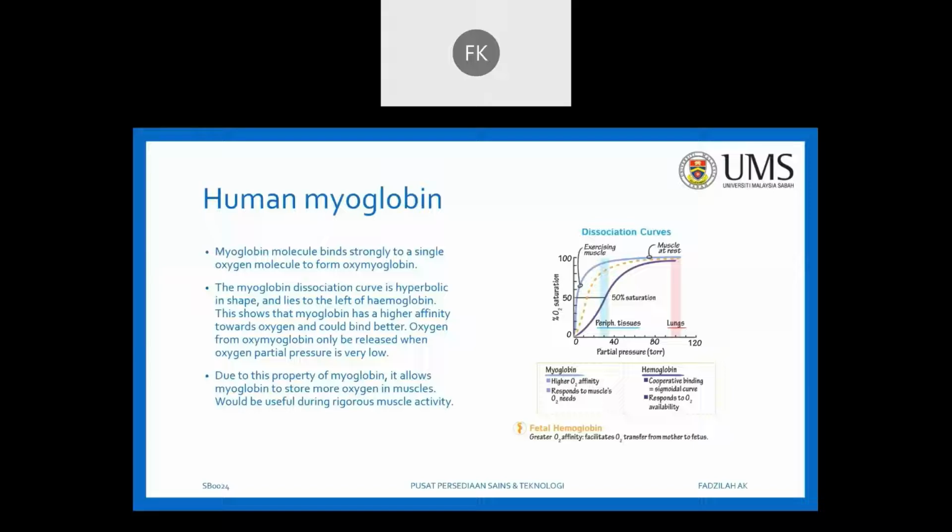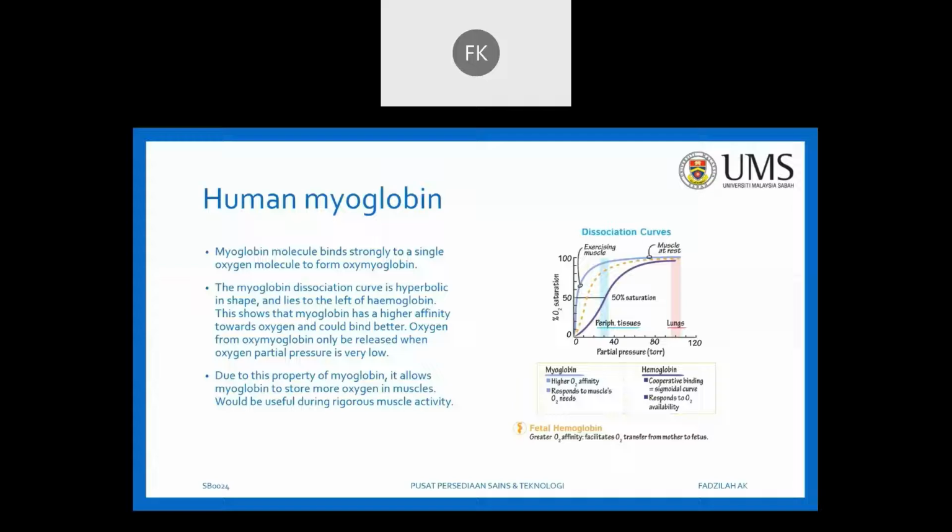Why? Because in active muscle, when you are exercising, the muscle needs more oxygen, and due to the efficiency of myoglobin in your muscle, it binds to the oxygen molecule, forming oxymyoglobin, and this stores the oxygen in the muscle. Myoglobin stores more oxygen in the muscle to ensure that when you are doing sport activity, your active muscle is supplied with enough oxygen.